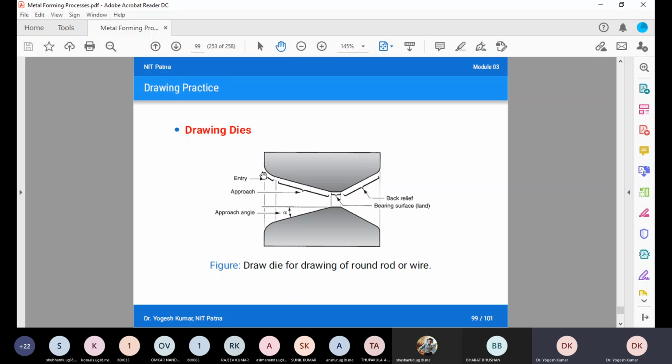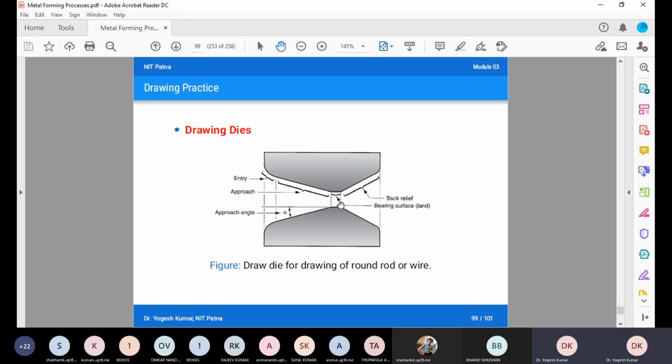This is your entry region, the initial entry region. Then we have the approach region, from this point to this point, and this angle is called the approach angle. This approach angle is generally kept from 6 degrees to 20 degrees.